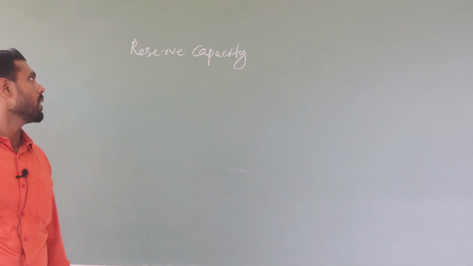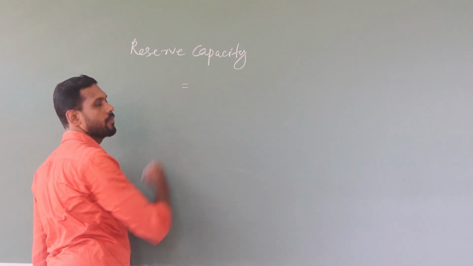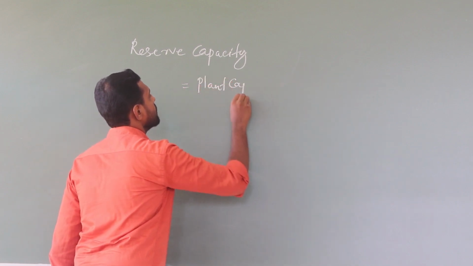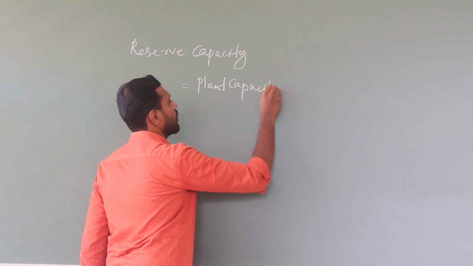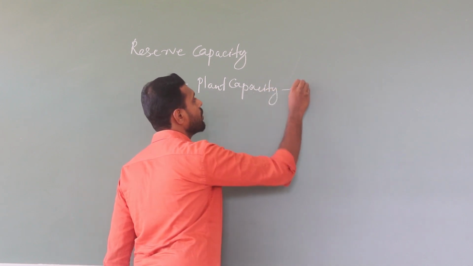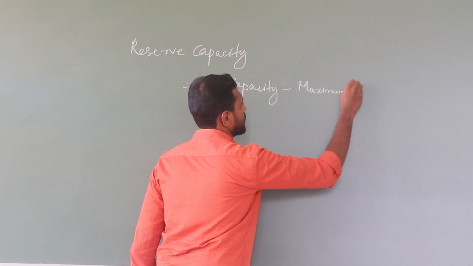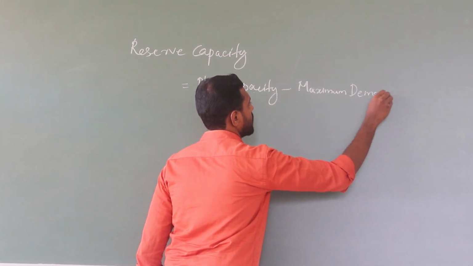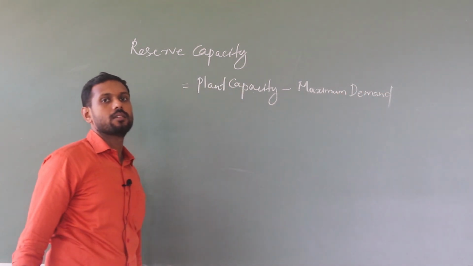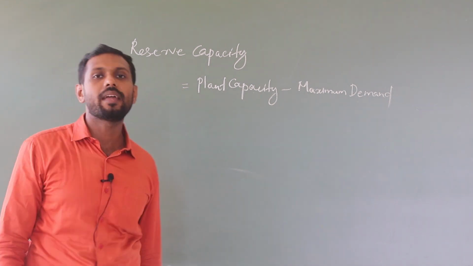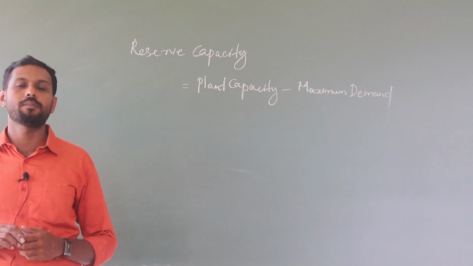A very simple formula: reserve capacity equals plant capacity minus maximum demand. This formula is very useful for solving problems. Reserve capacity equals plant capacity minus maximum demand.